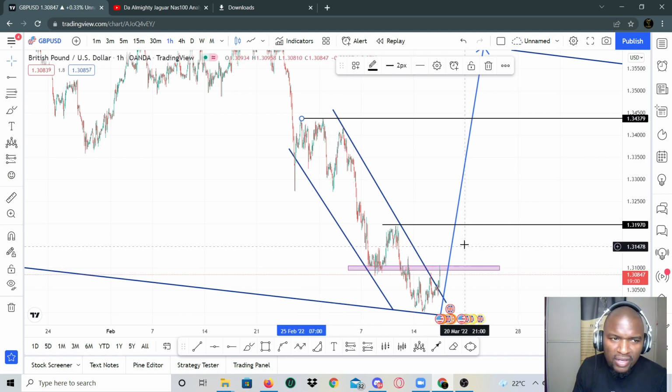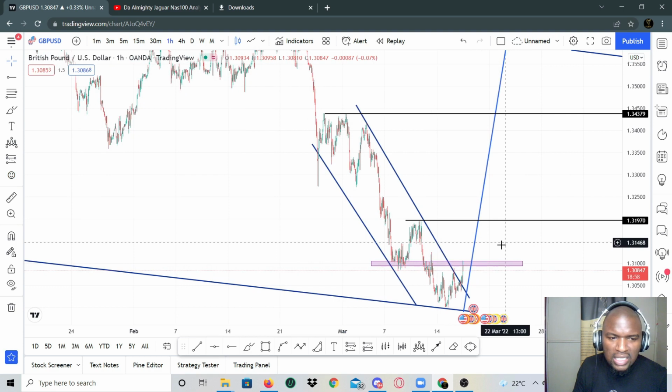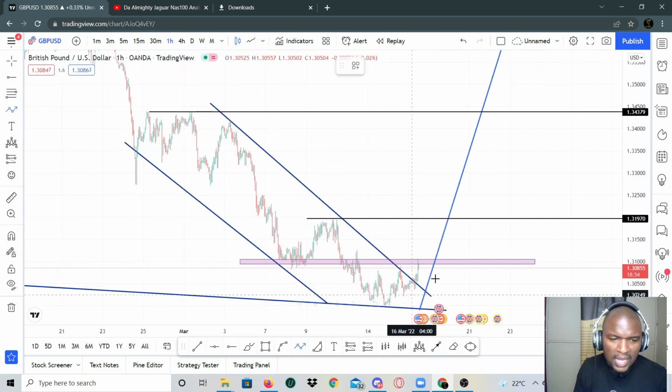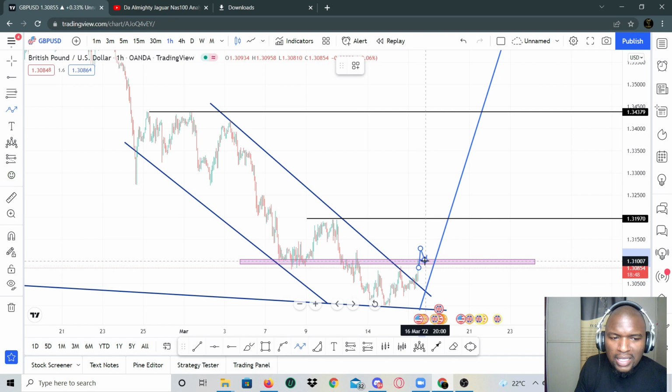From these levels, you can say that once price breaks above and comes back to retest, you can capitalize on the market for this buy.